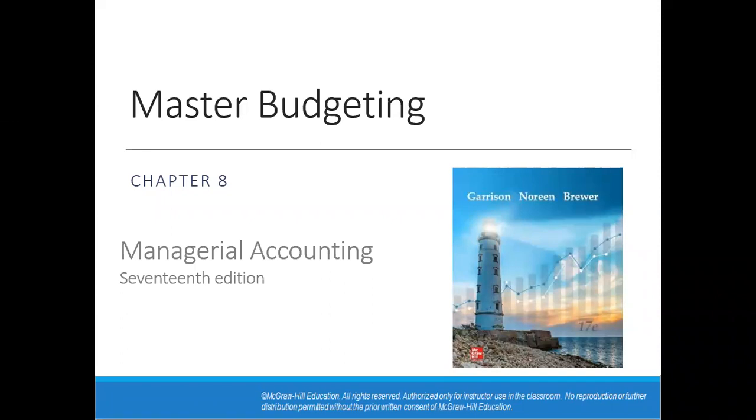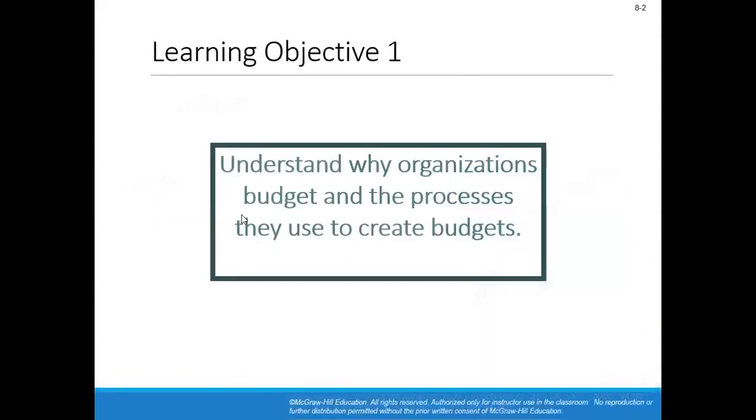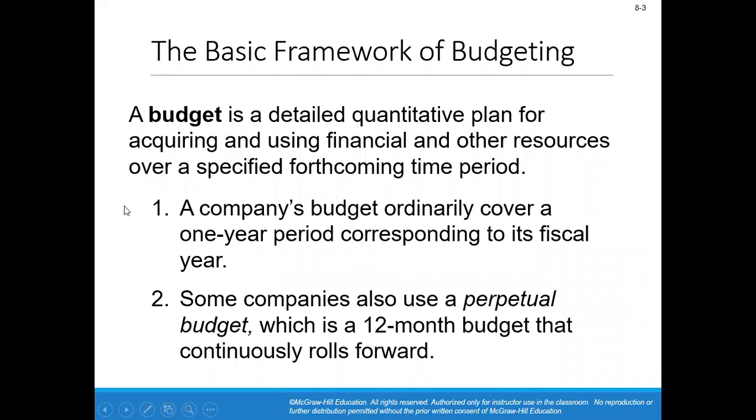Okay. So our topic of discussion right now is to understand why organizations make budgets and what processes they use to create the budget. This is a detailed quantitative plan for what purposes?